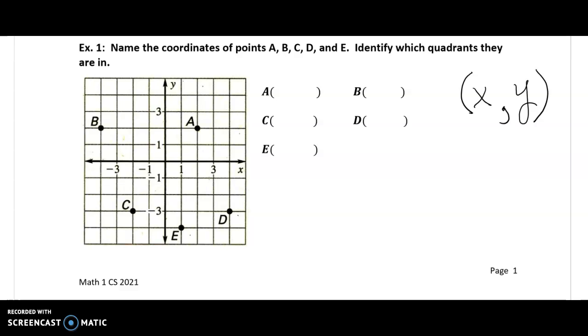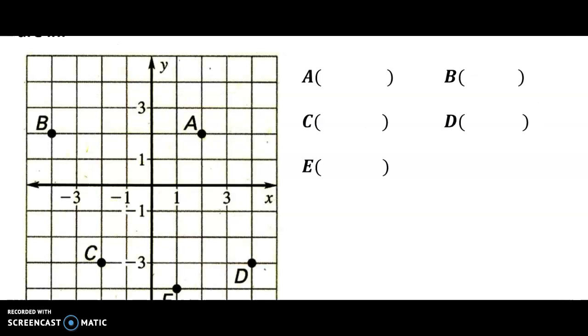So let's start with point A on the grid. Now you notice that point A is located in the first quadrant. And in that first quadrant, we also have that point where it's located with respect to the x-axis. With respect to the x-axis, that point is located at a value of 2.